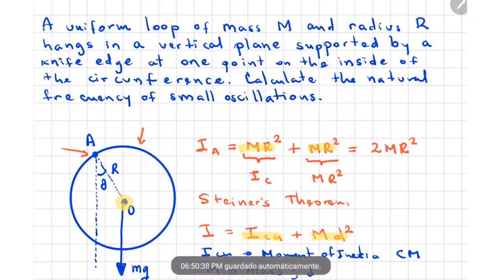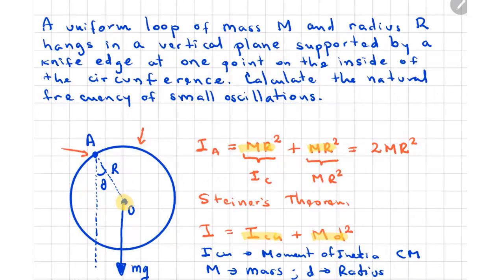In this case it is the radius of the loop.